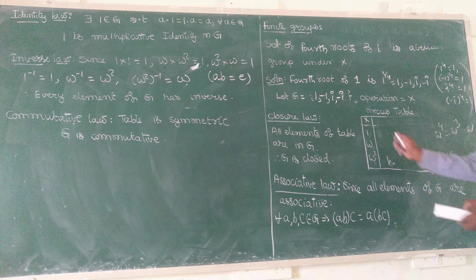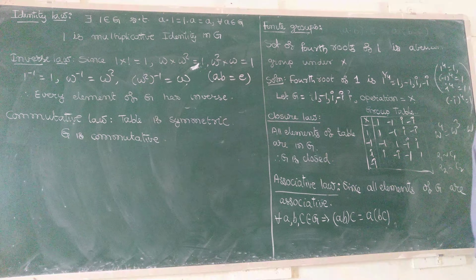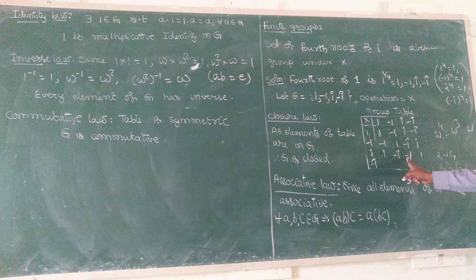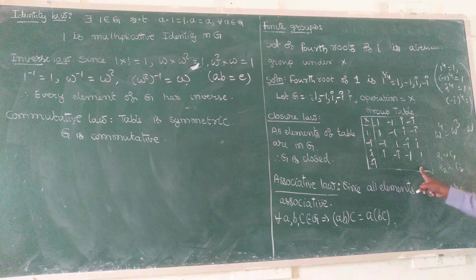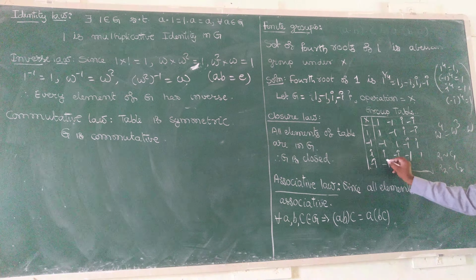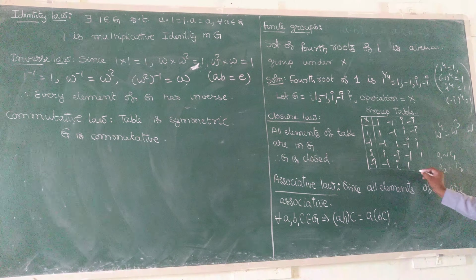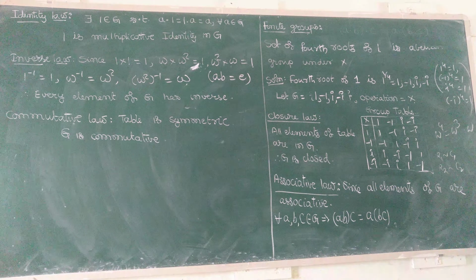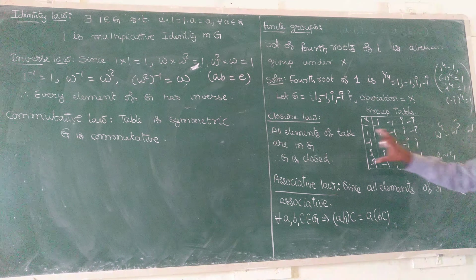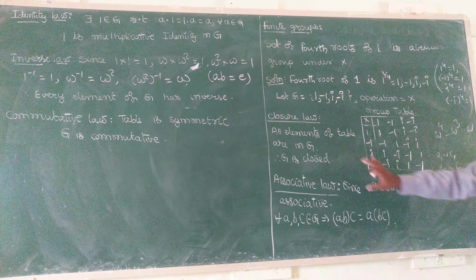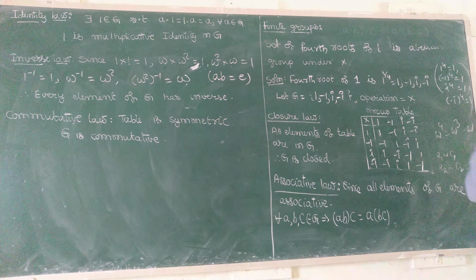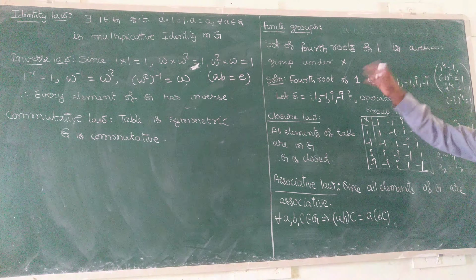The entries are 1, minus 1, i, minus i, minus 1, 1, minus i, i, and so on, using i into i equals i square, which is minus 1. Table okay, all elements are in G, so G is closed. Associative law okay, check. Identity okay, the multiplicative identity 1 is present in G.